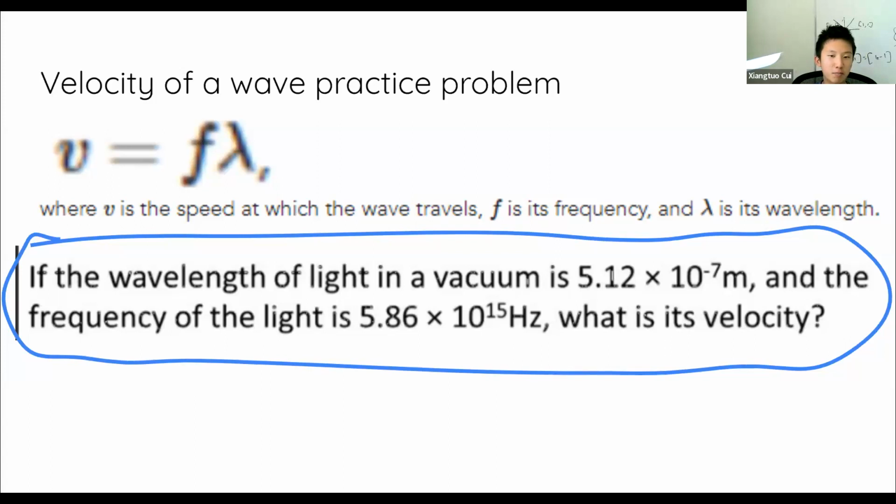Try to keep it as precise as possible. I'm seeing people that are rounding 5.12 times 5.86 to 25. Try using a real calculator and getting a much more precise answer.